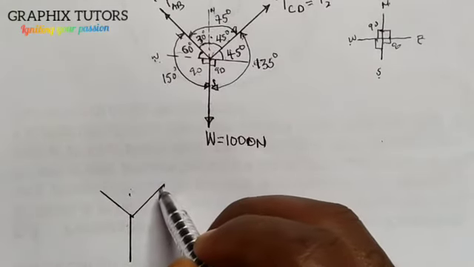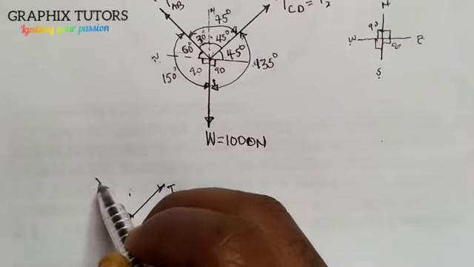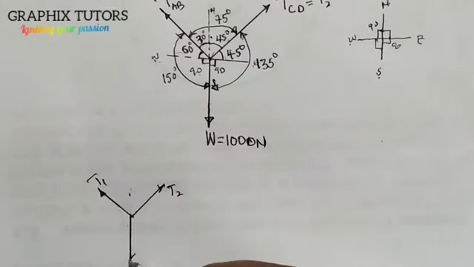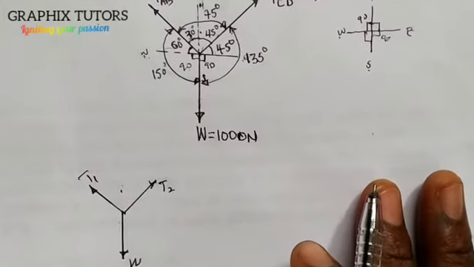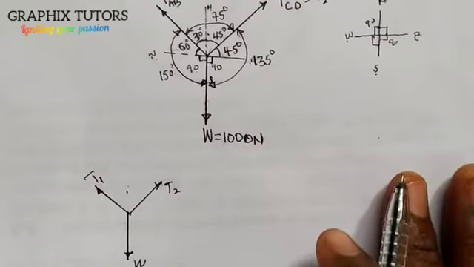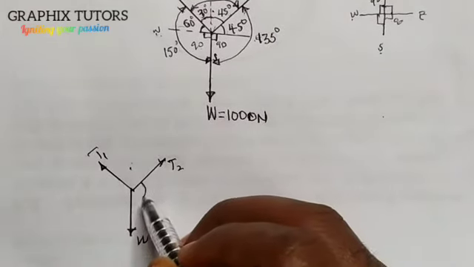So I'll say this is my T2, this is the T1, and this is the weight acting downward, right?